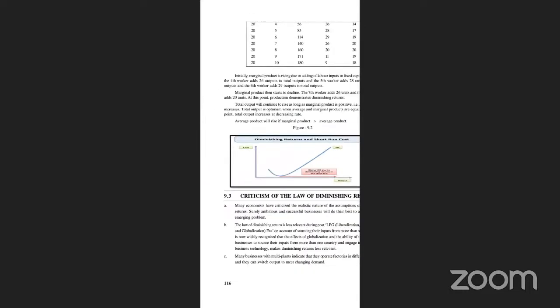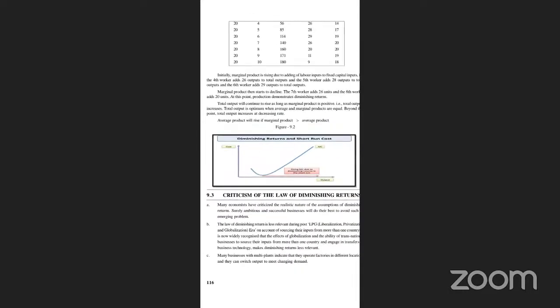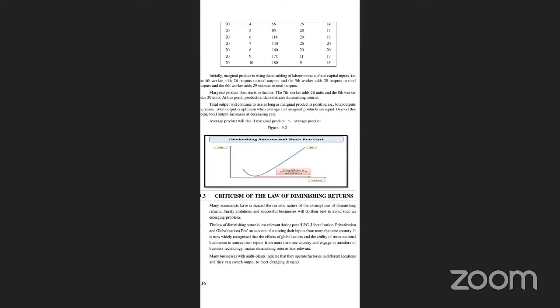So initially the marginal product is rising when any addition to the input is happening with fixed capital, but later it starts falling. The total output will continue to rise as long as MP is positive. So this way, the law of diminishing returns is explained.